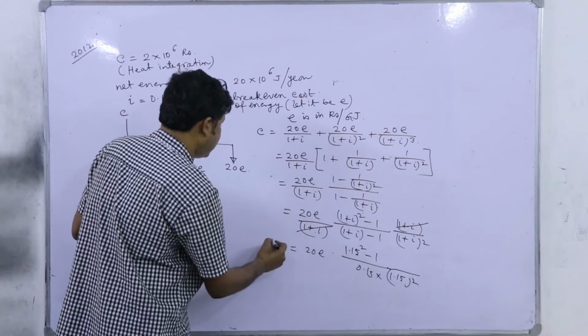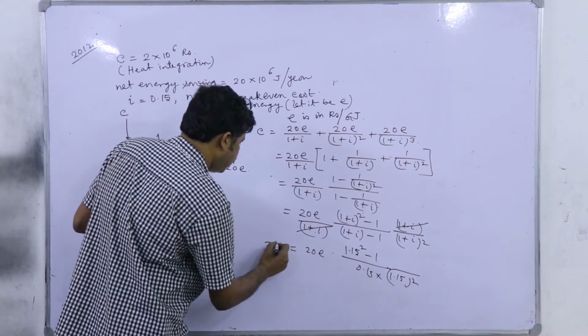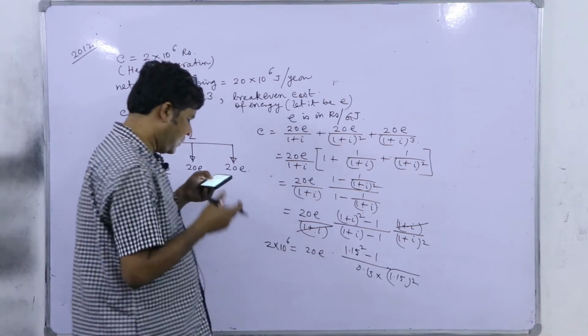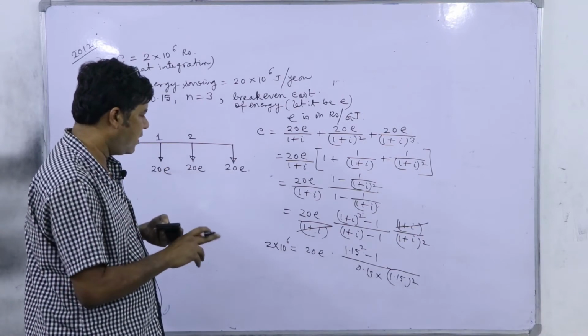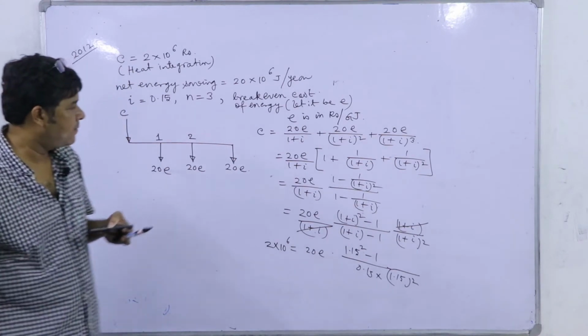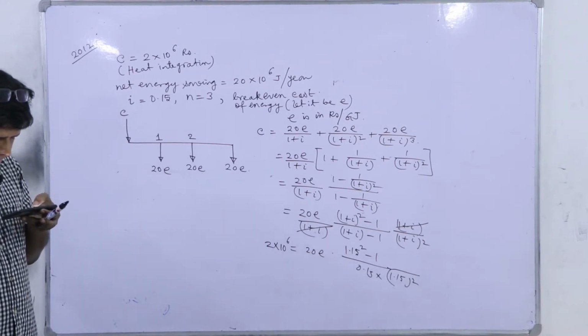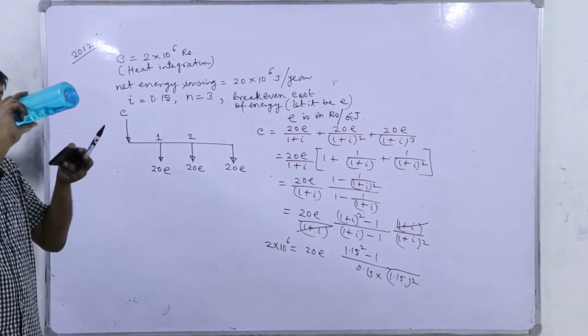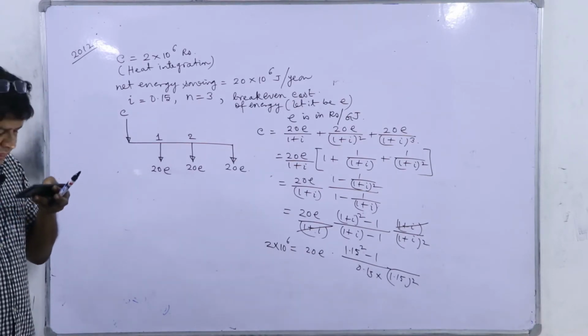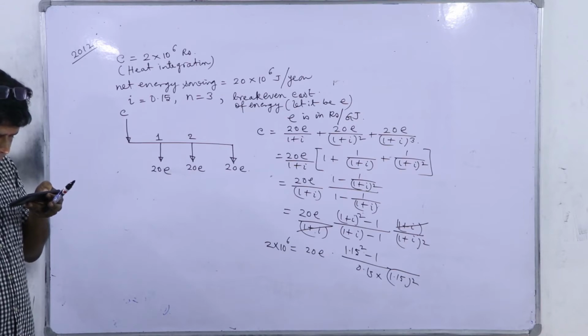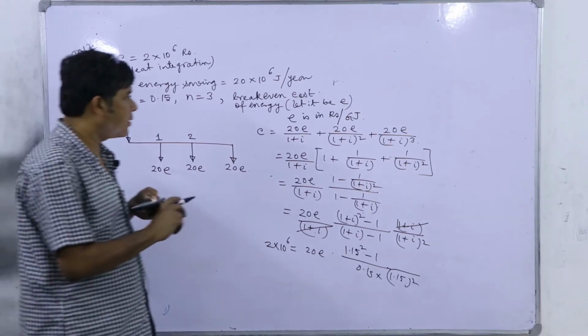And from there, that equals the total capital investment, which is 2 into 10 to the power 6. So, we can calculate the cost of E. Okay.